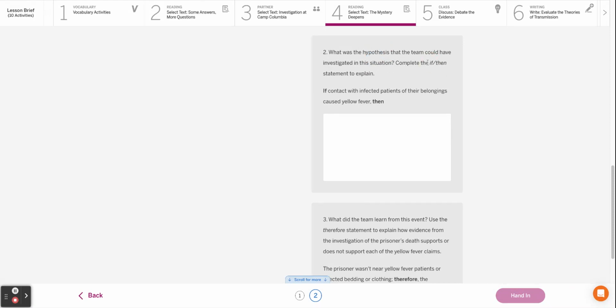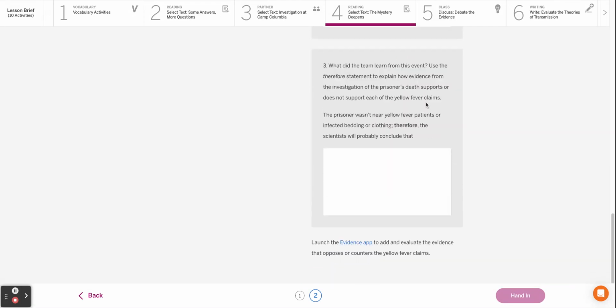So you're going to write that as an if-then statement right here. And then what did the team learn from this event? That's your therefore statements explaining the results of the experiment, not the expected results from the hypothesis, but the results from the actual experiment. And that will explain how they understand the prisoner's death. Hand that in.